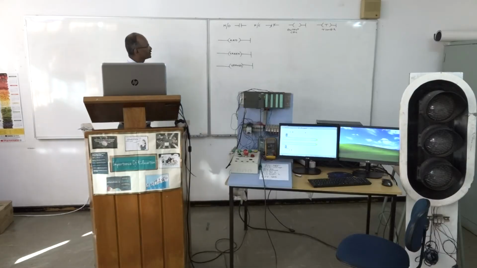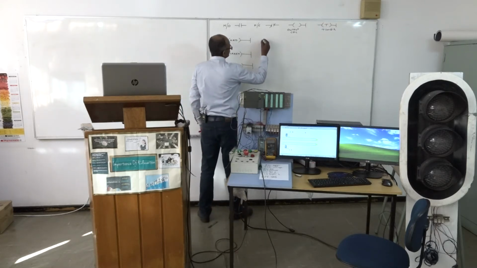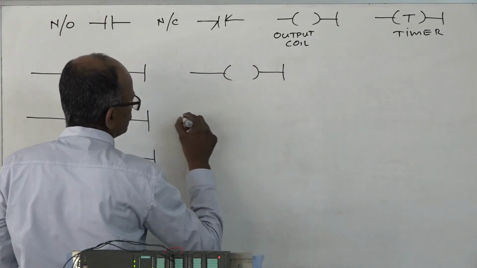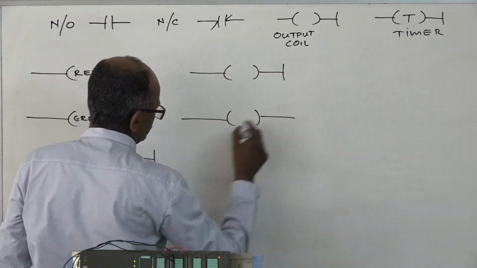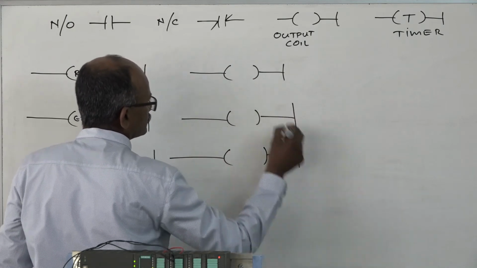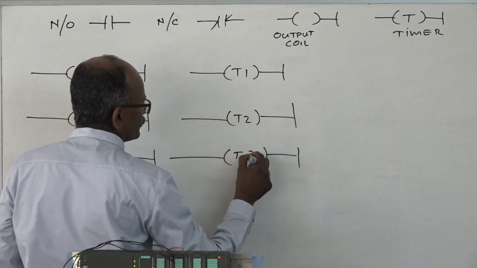Associated with each of these, since I want each of them to only operate for a certain time, I'm going to have 3 timers, which I'm going to call T1, T2, T3.